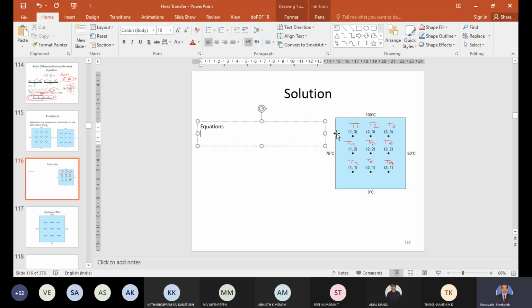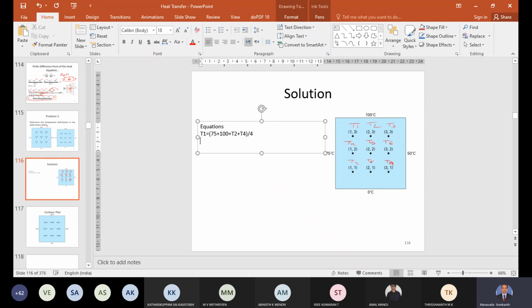One on the left, one on the top, one on the right, and one on the bottom. So T1 is equal to (75 plus 100 plus T2 plus T4) by 4. As of now, T2 and T4 are not known, so we'll need more equations.